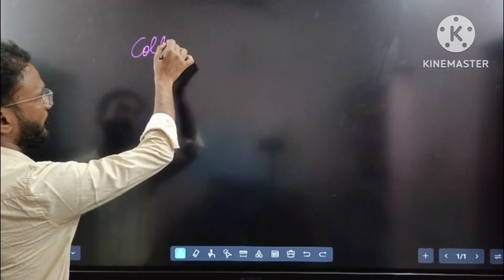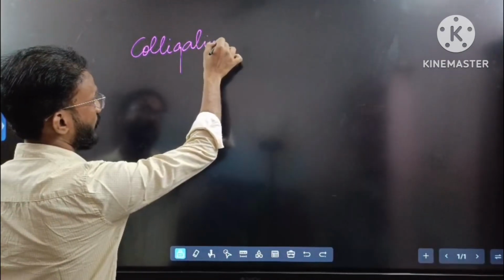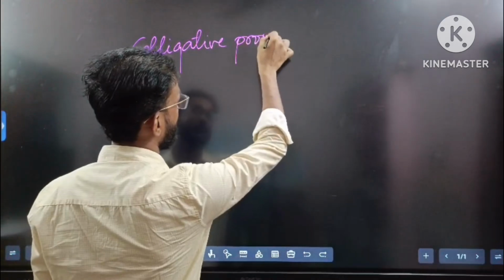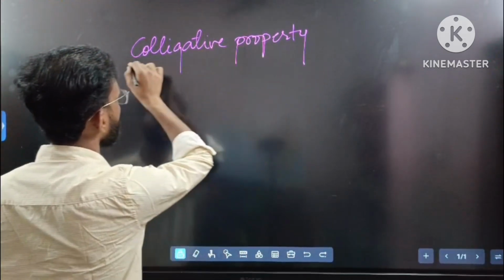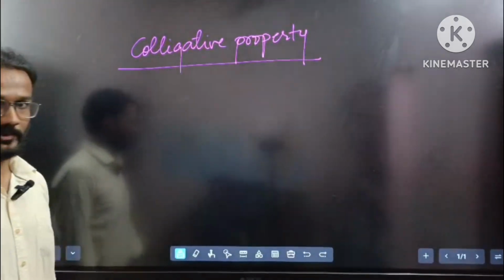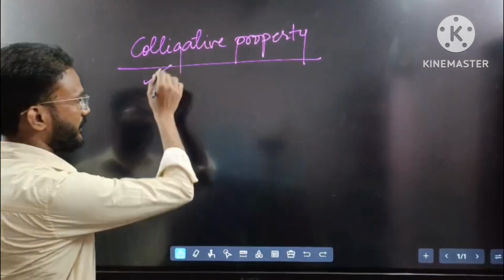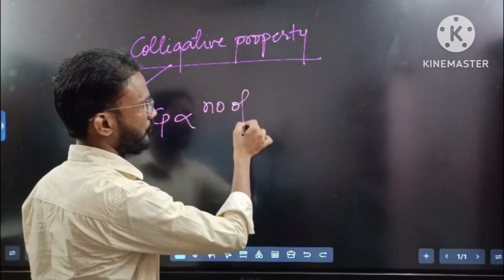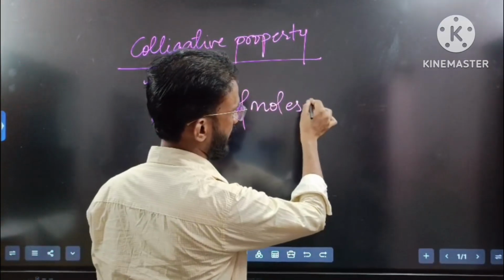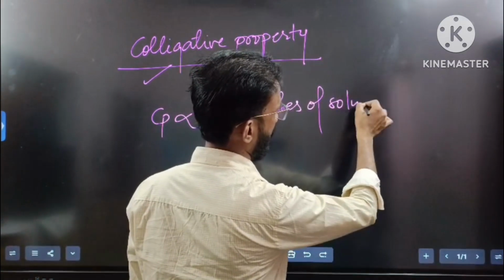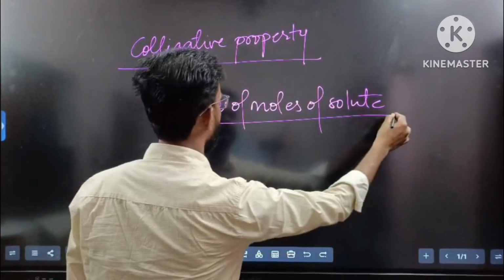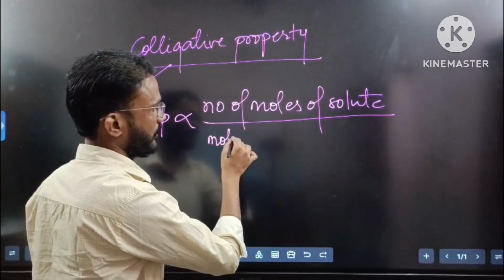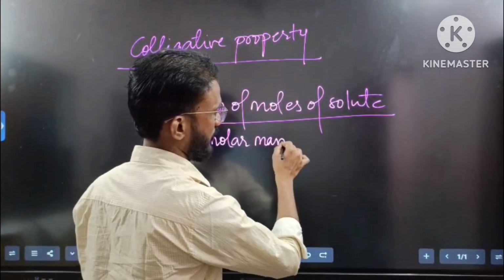Now we will know about colligative property. What is colligative property? These are properties of solution which are directly proportional to the number of moles of solute or inversely proportional to the molar mass of solute.